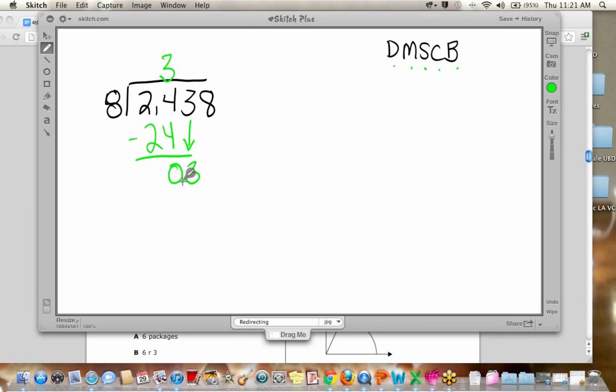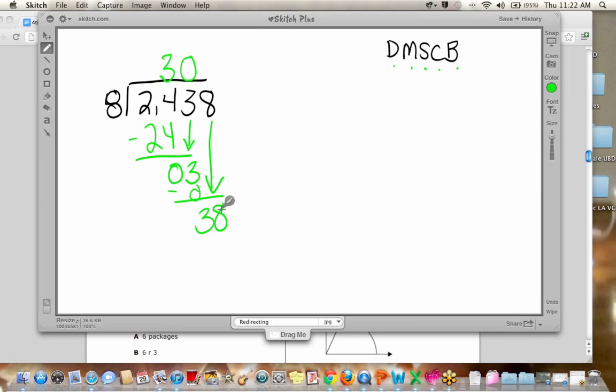Here is where it might be confusing for some people. I cannot fit any groups of 8 into a 3. So, Kendall, what do I have to do? Put a 0. I have to add a 0 up here in my answer or my quotient. So 0 times 8 is 0. Now I can bring down.